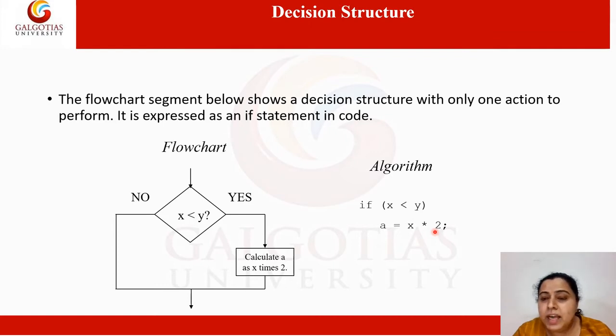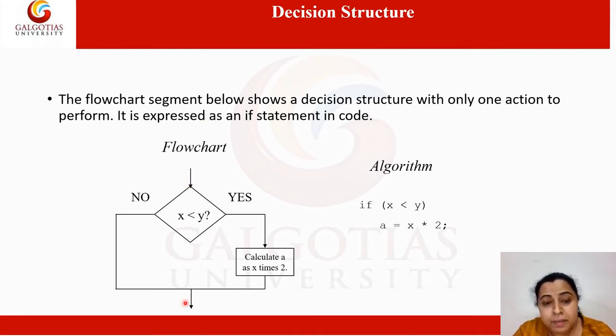We'll just carry on with our program. Please remember, this is just a part of the program. We need to start, we need to read the numbers, we need to do all these things, and only then do we reach here. That's why this arrow shows here. So there is something above it, and there may be something below it. We are only right now talking about your decision structure.